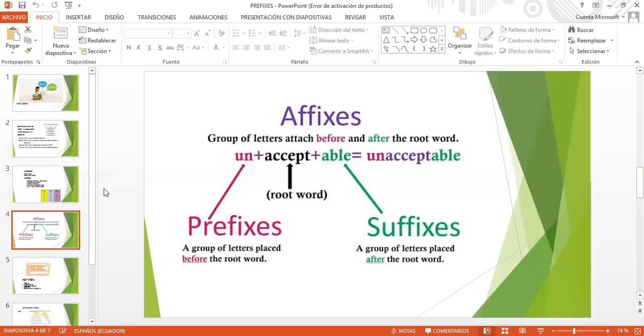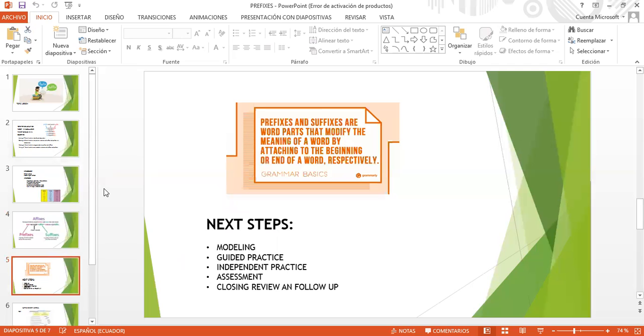The placement will remind students that suffixes go after the base word. As you can see in the picture, prefixes and suffixes are word parts that modify the meaning of a word by attaching to the beginning or end of the word, respectively.